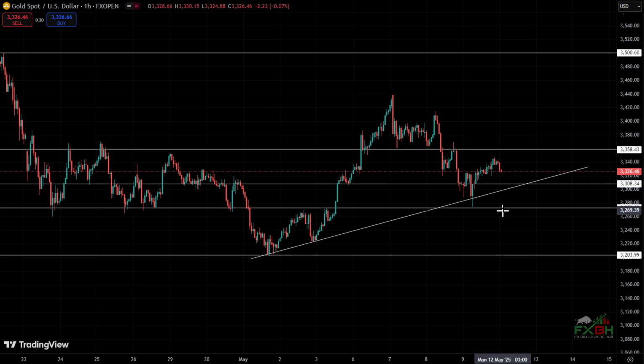As you can see there, this particular area could be our proper entry zone, because there is already double confirmation, a trend line zone and a Fibonacci retracement confirmation zone.